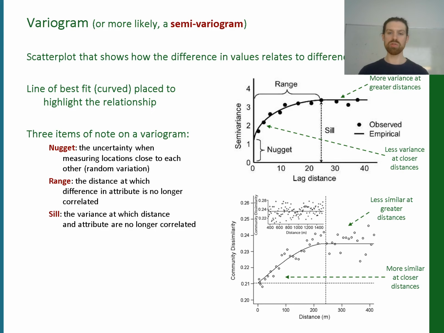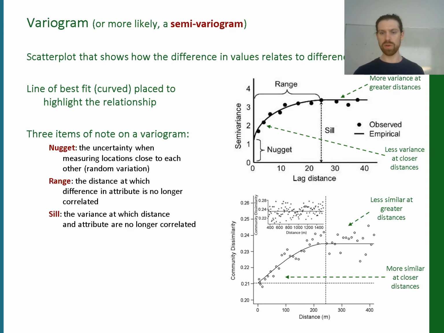We're able to plot a line of best fit for the points that we measure, and use it to understand how distance may affect the level of similarity or dissimilarity between whatever it is that we're measuring.